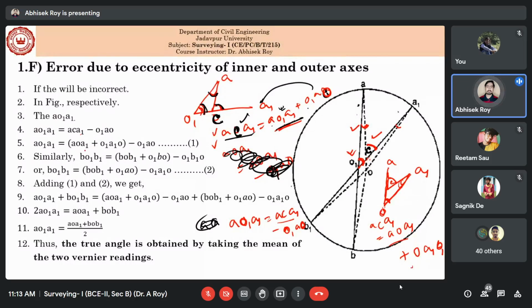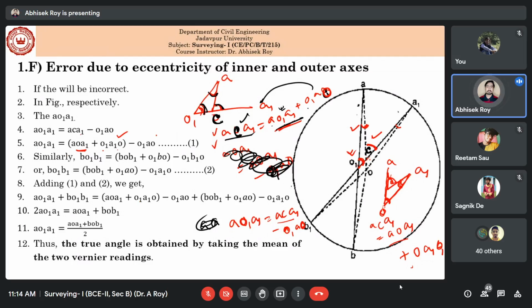So instead of ACA1, we have written AOA1 plus O1A1O. Where is O1? ACA1 is this one. Instead of that, it will be this plus this. So this will be AOA1 plus OA1O1.